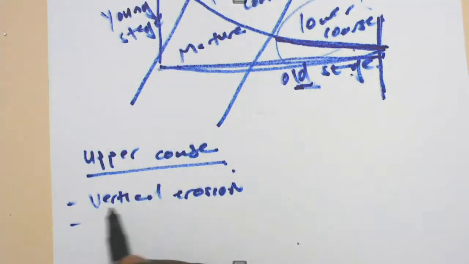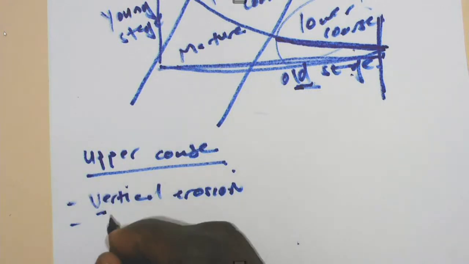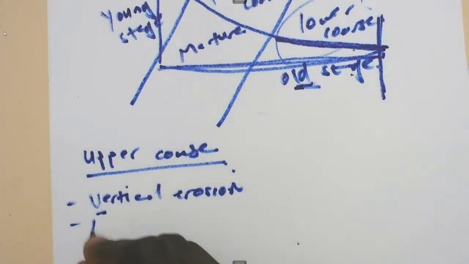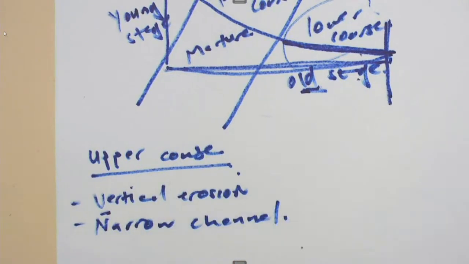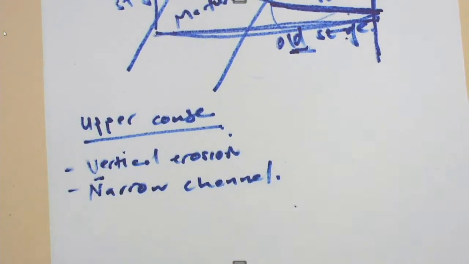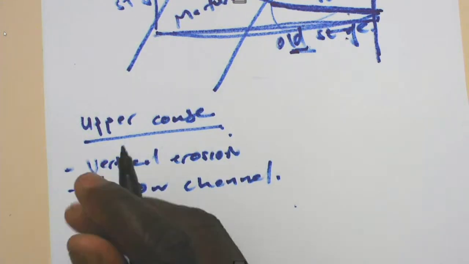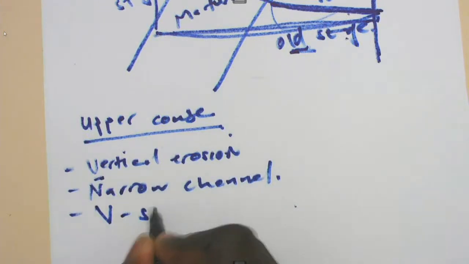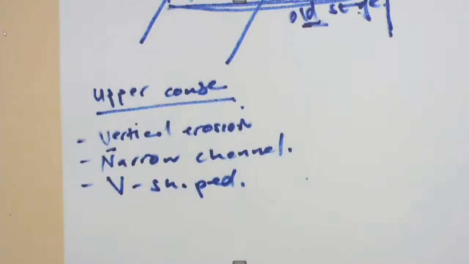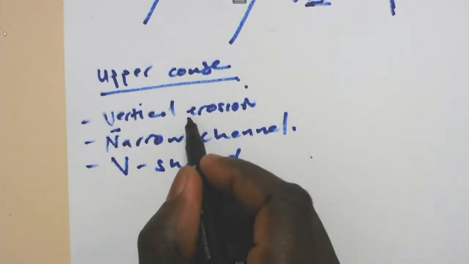What else is taking place over here? So that means if we are saying the vertical erosion, then the channel of the river will be a narrow channel. It will be what? Narrow channel over here. And then if you look at the shape of it, then we'll say it's V-shaped, because of the vertical erosion that is taking place.